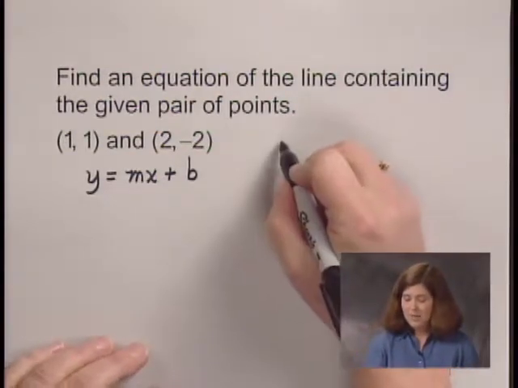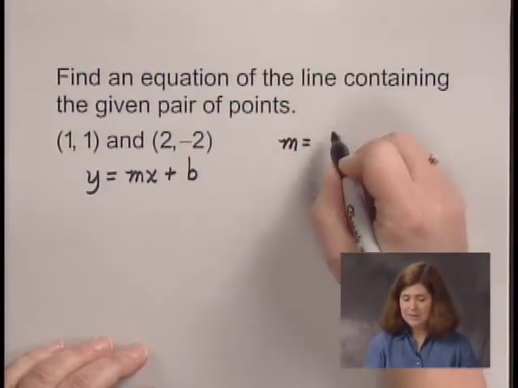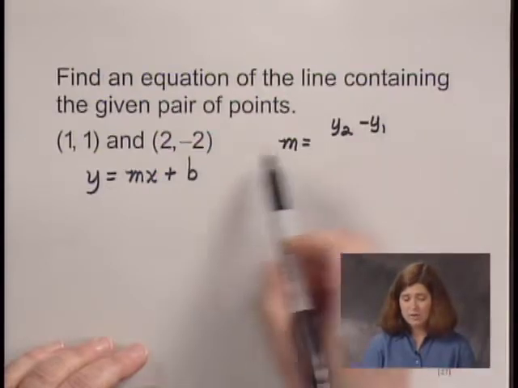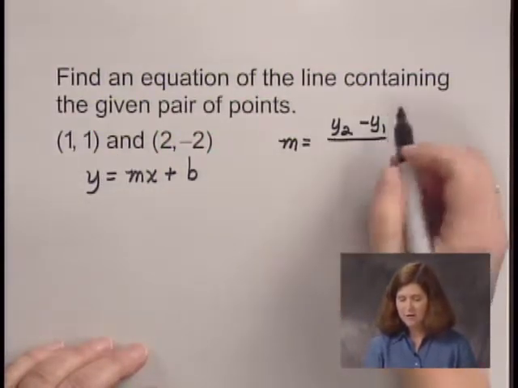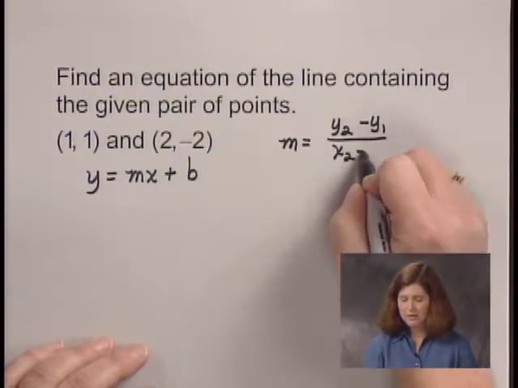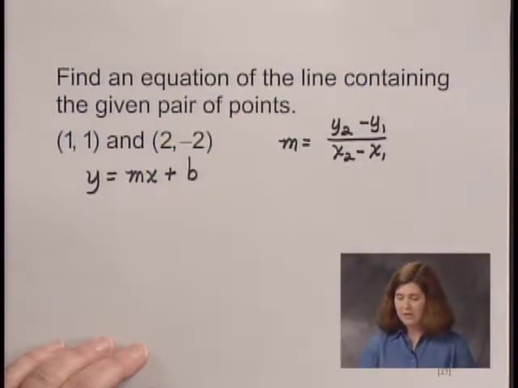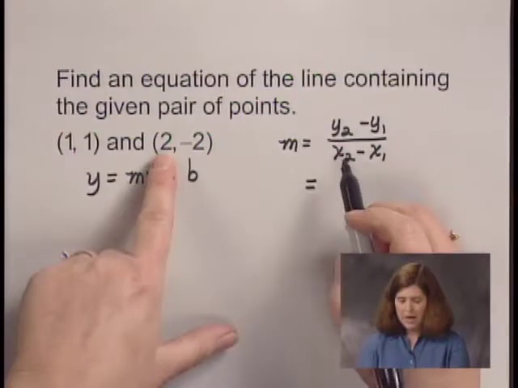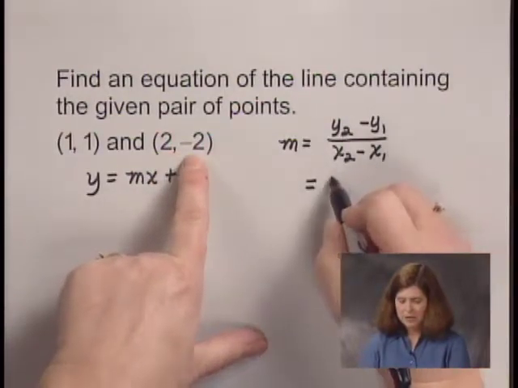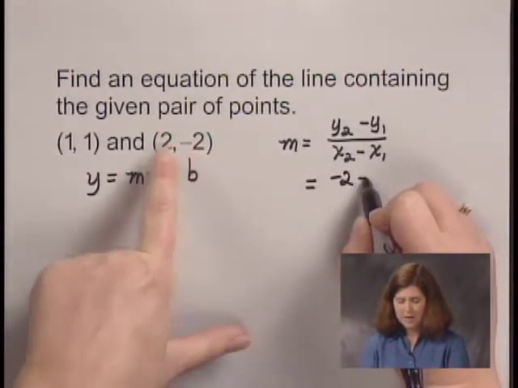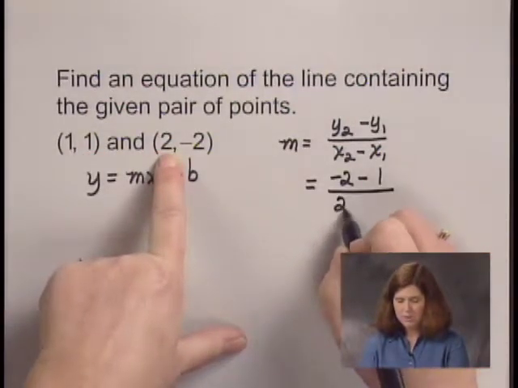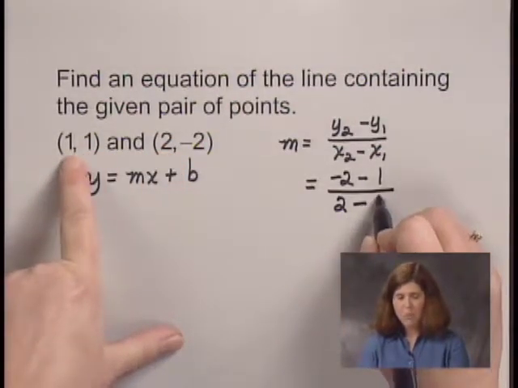First of all, remember that m is the difference in the y coordinates of 2 points divided by the difference in the x coordinates of those points. So, m is (-2 - 1) over (2 - 1).